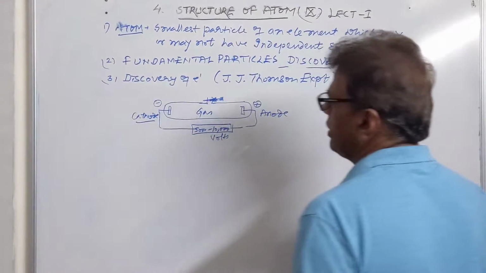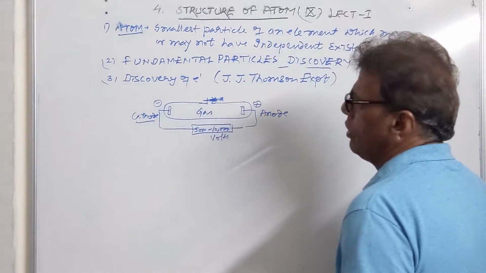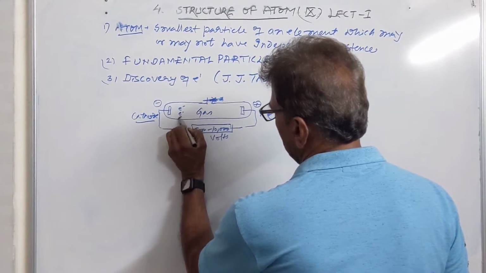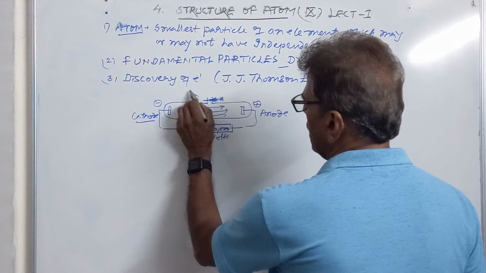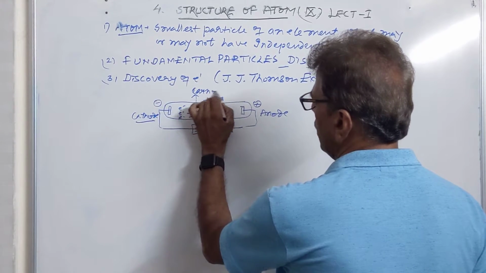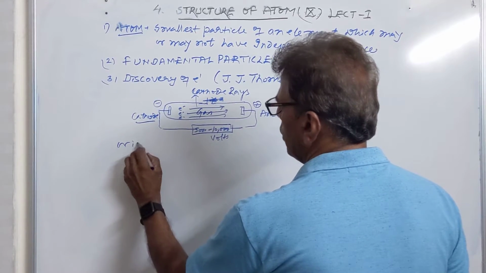Now, what was the cause of the light emission by the discharge tube? A stream of negatively charged particles was moving from the cathode to the anode. The stream of these negatively charged particles was called cathode rays. Now, what is the origin of cathode rays?